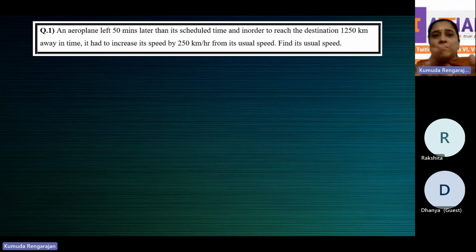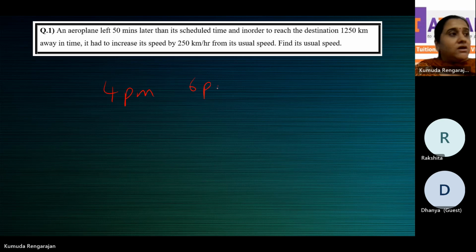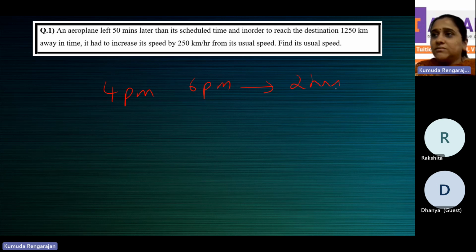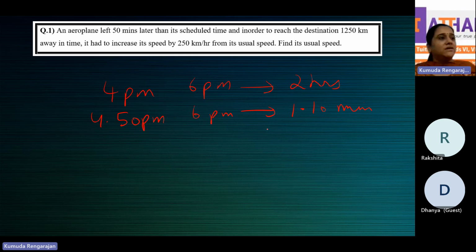In our example, 4 p.m. and 6 p.m. with usual speed, what's the time taken? 2 hours. Now he starts at 4:50 p.m. and still reaches at 6 p.m. So with the new speed, what's the time taken? 1 hour 10 minutes. What's the difference in the time taken? 50 minutes.